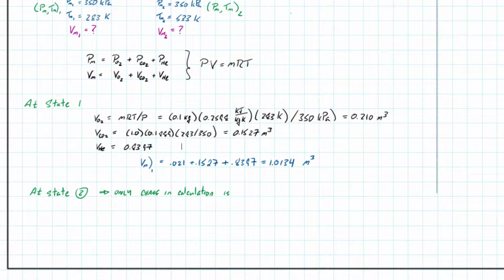T mixture 1 was equal to 283 Kelvin, and this goes to T mixture at state 2, which is equal to 533 Kelvin. Okay, so by making that change and then recalculating everything, we will end up with the actual change here.